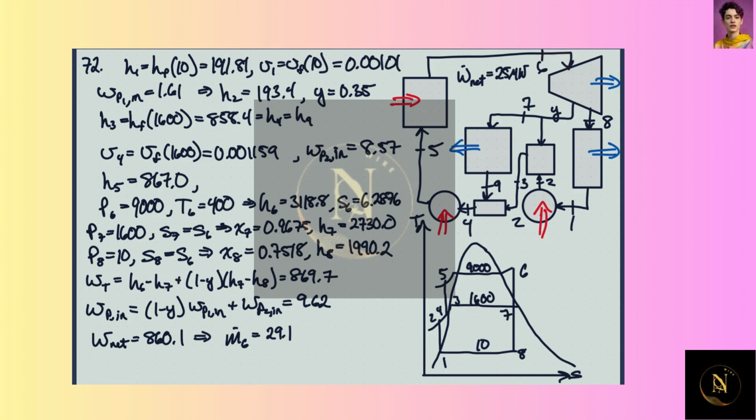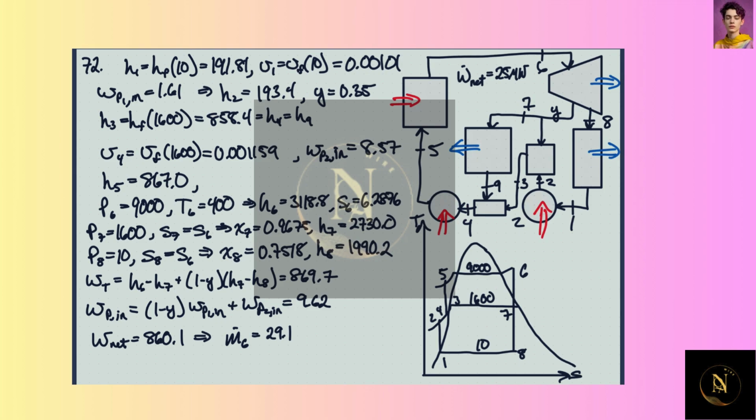Between H7 and H8, that only has 65%, so 1 minus Y of the mass flow through there. So we know all these values now. The specific work is about 870 kilojoules per kilogram, and then we can get the specific work into the pumps.